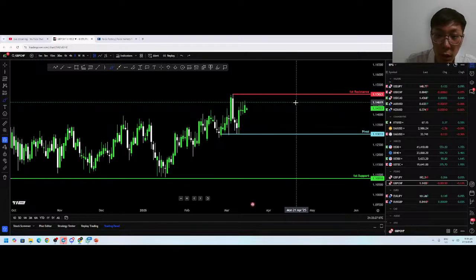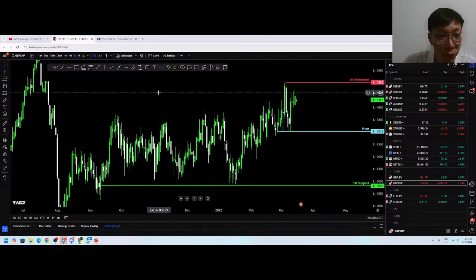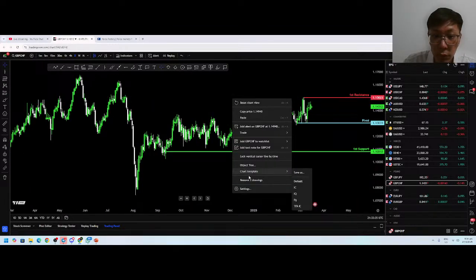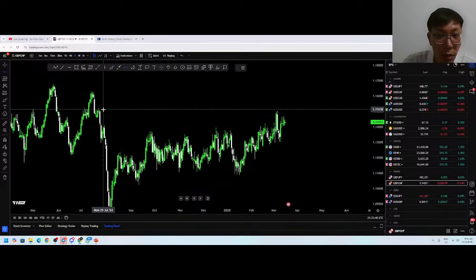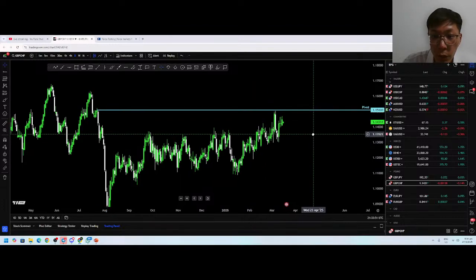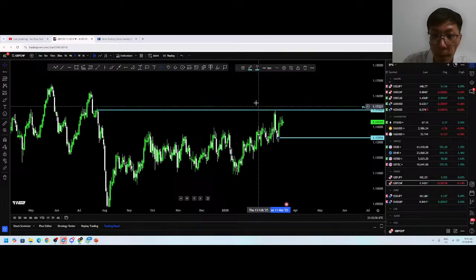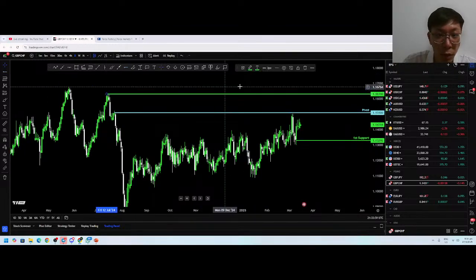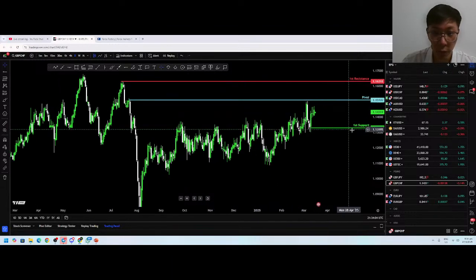If you want to enter GBP CHF, my pivot point will definitely be at this area over here. I think this is a much better area. Let me see, pivot, then our support level over here, and then this is our resistance level. I think this makes a lot more sense.